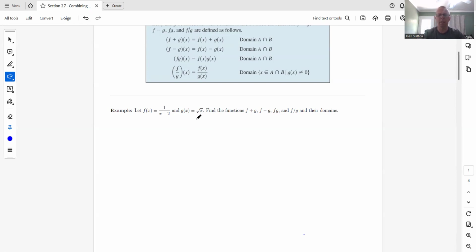So let's start with just doing the addition. So f plus g of x, and I won't write this line, but we're essentially writing f of x plus g of x. So 1 over x minus 2 plus square root of x.